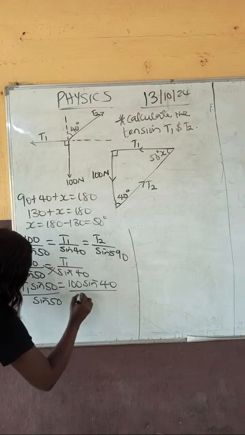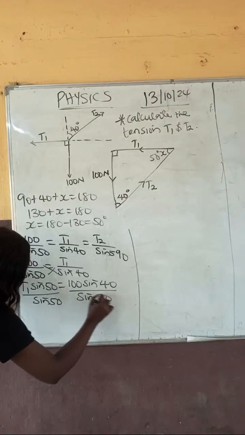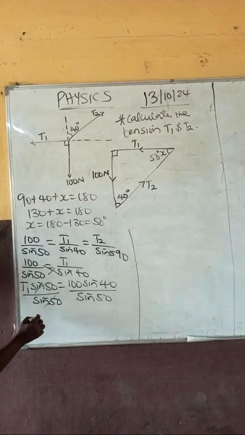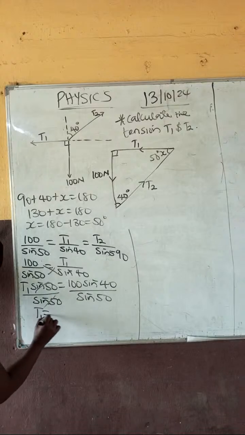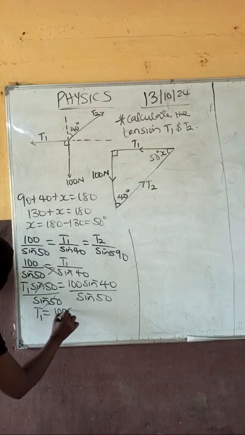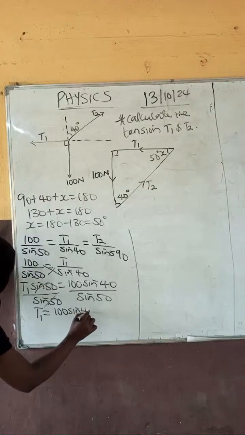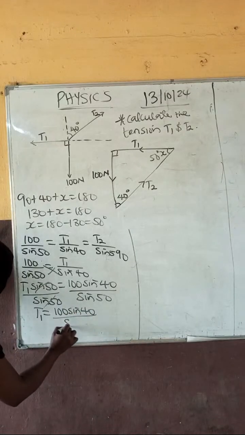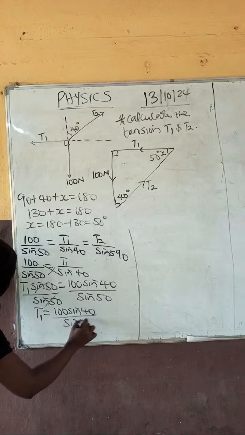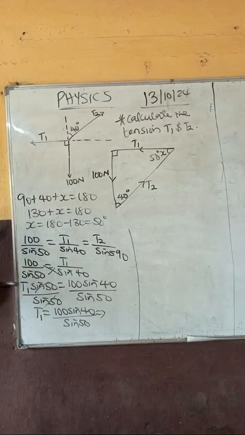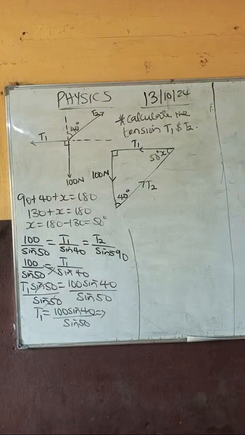Alright? You divide both sides by sine 50. It will cancel this. So my T1 is equal to 100 sine 40 divided by sine what? 50.